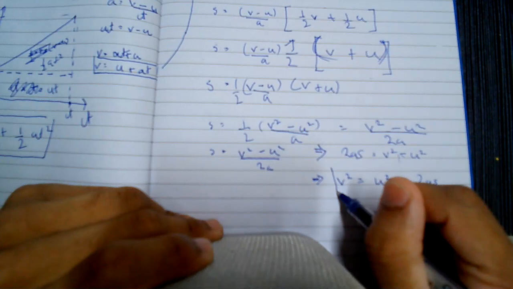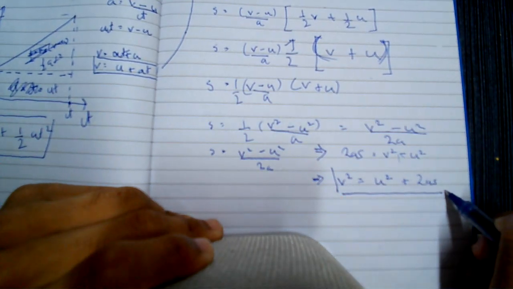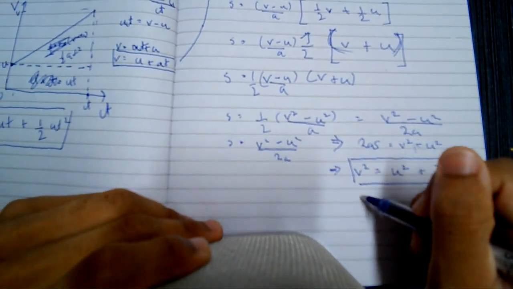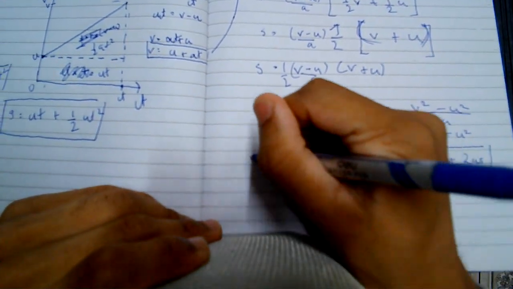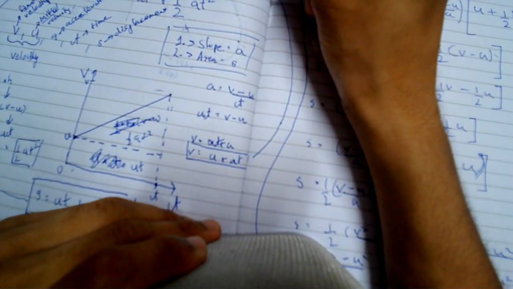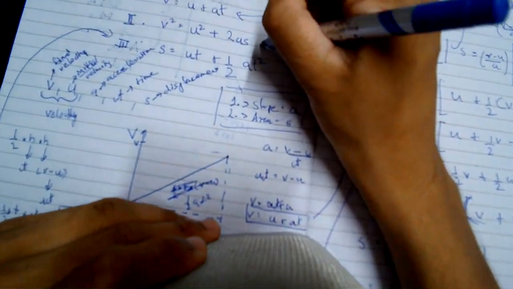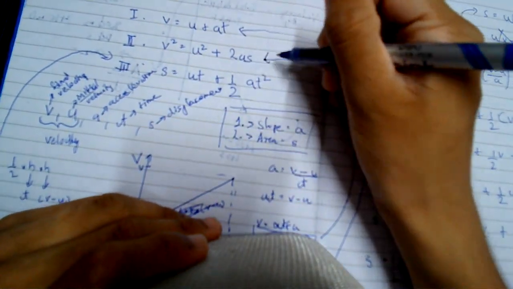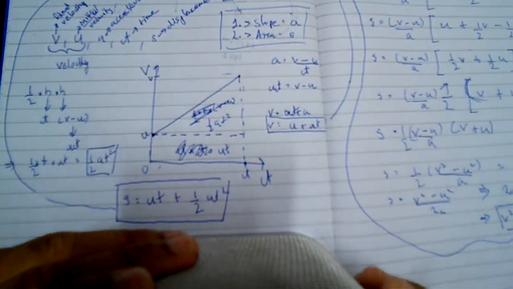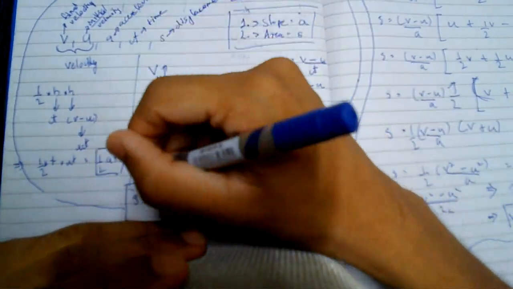And if you look really carefully, I'm going to trace this over here. I'm going to bring it all the way. Oh, would you look at that? We just found the third equation of motion. And all from this graph right here.